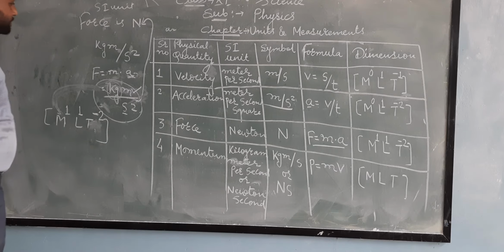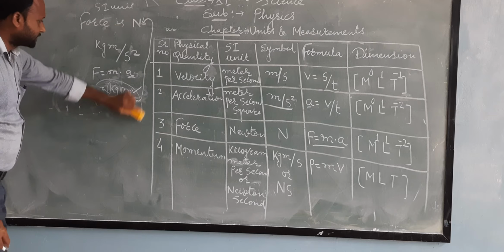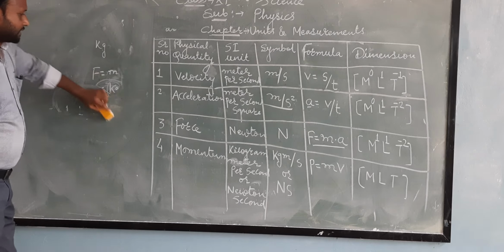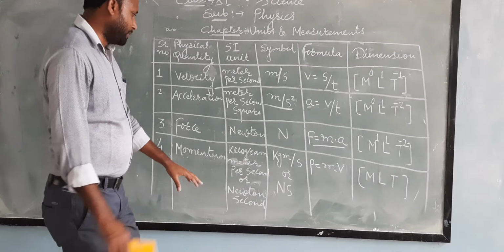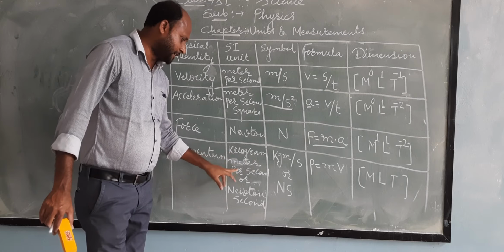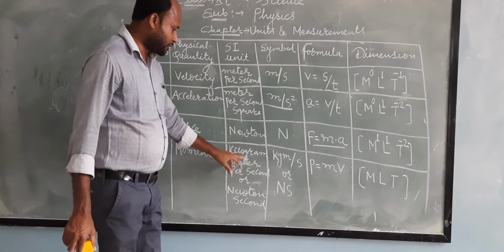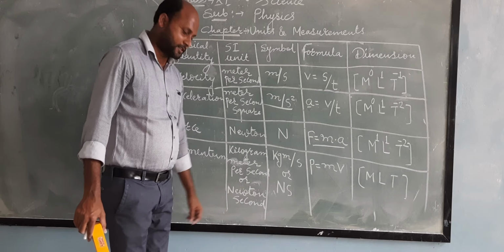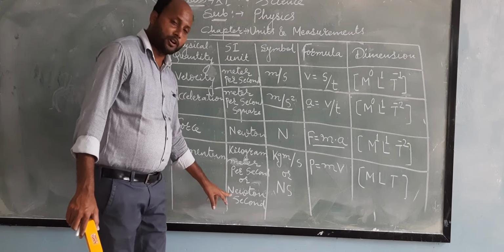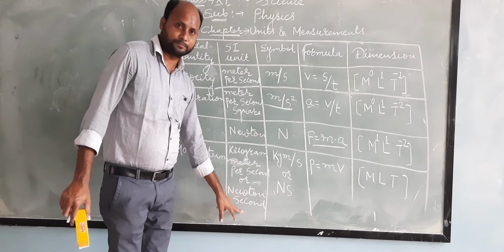Now the next term is momentum. The SI unit of momentum is kilogram meter per second, or it is also called Newton second.